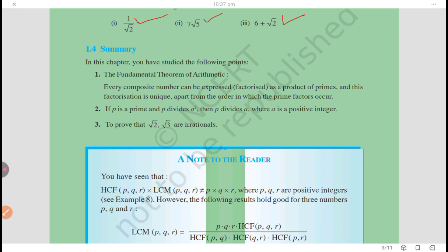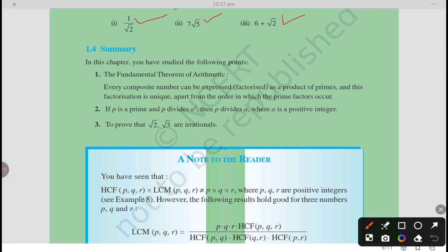Summary. In this chapter we have studied the following points. One is the fundamental theorem of arithmetic. Every composite number can be factorized as a product of primes, and this factorization is unique apart from the order in which the prime factors occur. If p is a prime and p divides a square, then p divides a, where a is a positive integer.